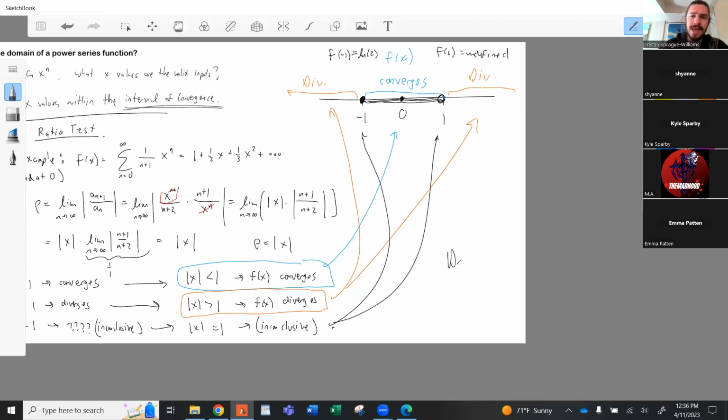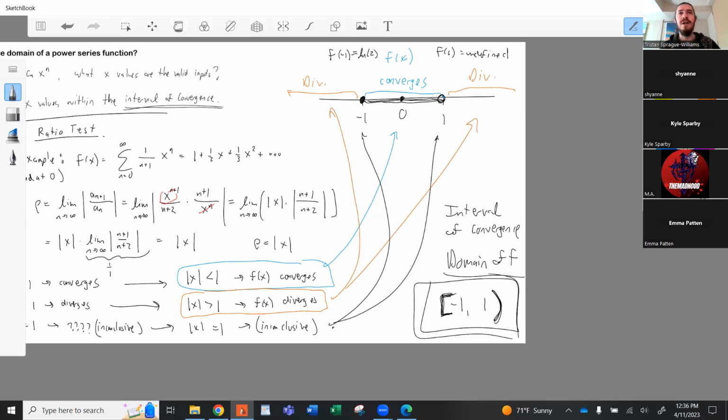So the domain of this function, essentially the interval of convergence, is -1 to 1, including -1, and this is interval notation I'm using now, but not including +1. And so that is the interval on which this function is valid. It has an output.